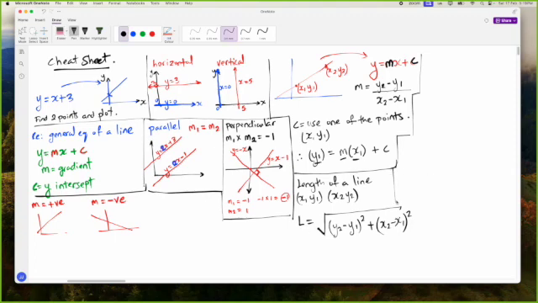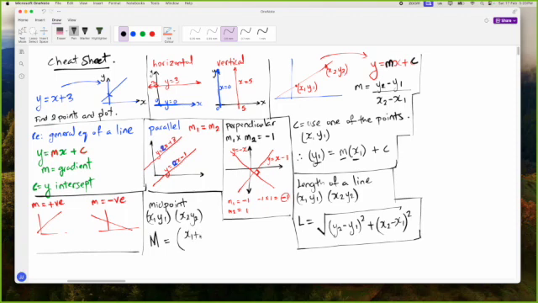And then the last thing that we talked about, and I'm not sure, am I leaving out anything? The last thing that we talked about was the midpoint. So the midpoint, given 2 points, x1, y1 and x2, y2, their midpoint, which is big M, is x1 plus x2 over 2, and then y1 plus y2 over 2.